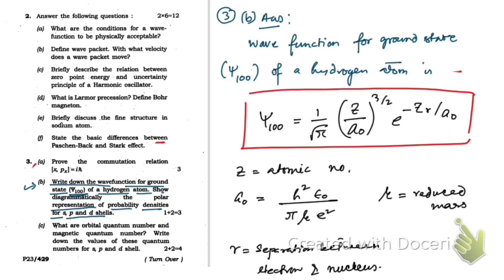Okay, so now let's discuss the second part of this question, the polar representation of probability densities of s, p, d shells, with the help of a diagram we need to draw. Okay, so now let me take a new slide.